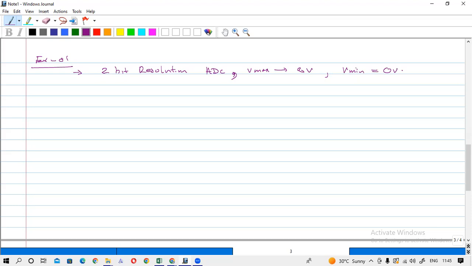Then find how many voltage levels we can represent, and what are those voltage levels? How many voltage levels and what are those voltage levels?